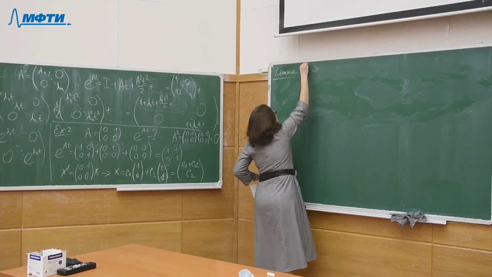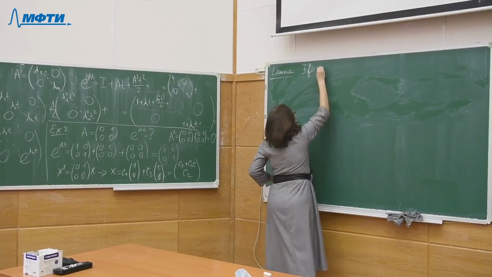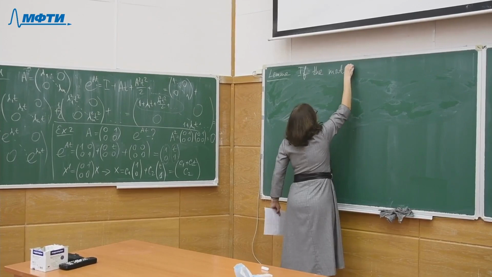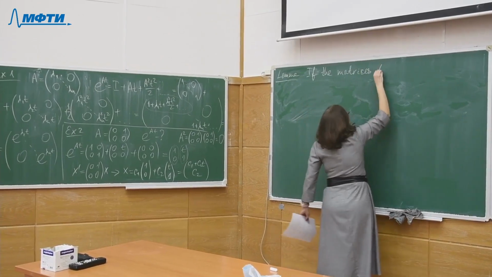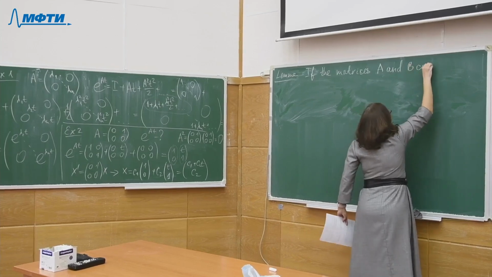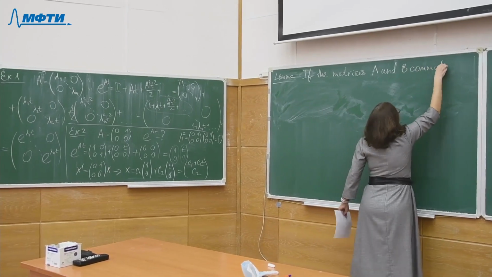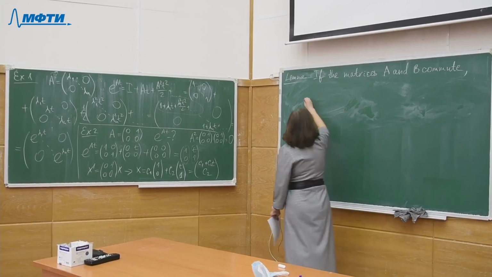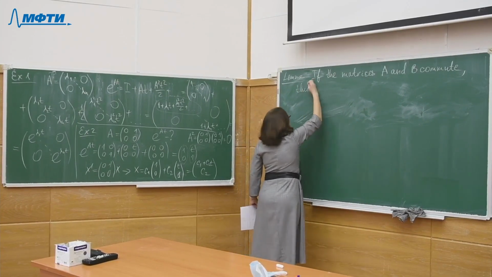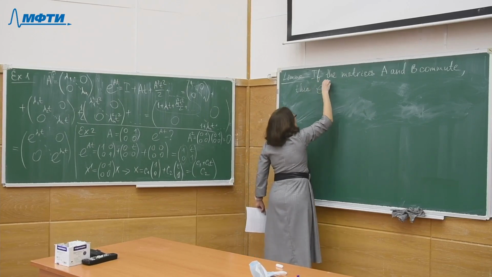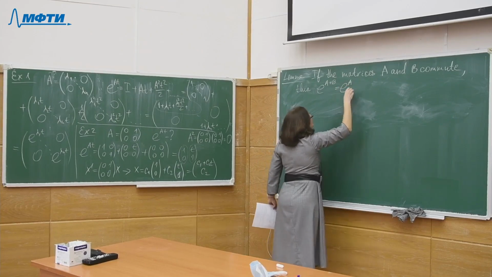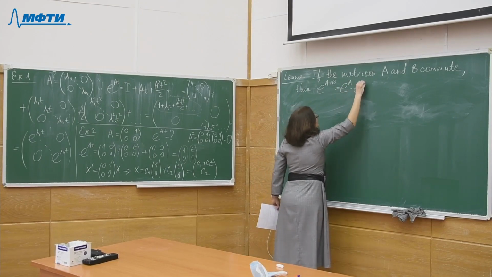If the matrices A and B commute, then e to the power A plus B equals e to the A times e to the B.